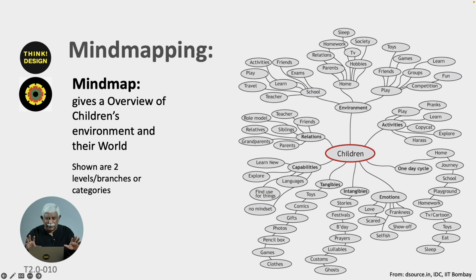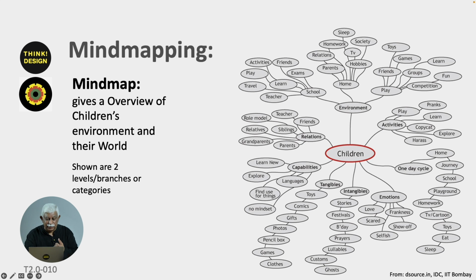Okay, so if you look at the major categories, it's got entertainment, activities. It shows one day in the life of the child. Okay, it shows emotions. It shows intangible artifacts. It shows tangible artifacts. Okay, what are the capabilities of children?